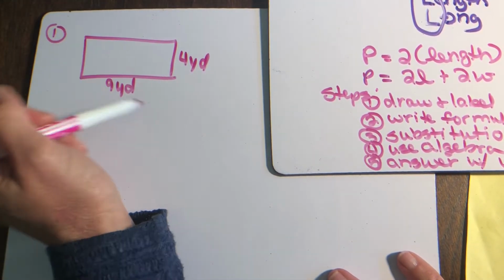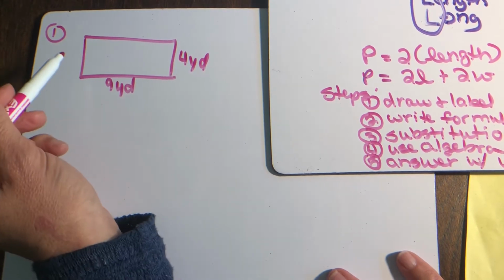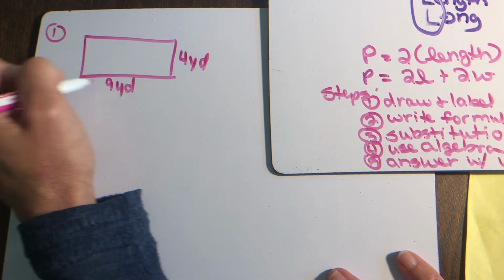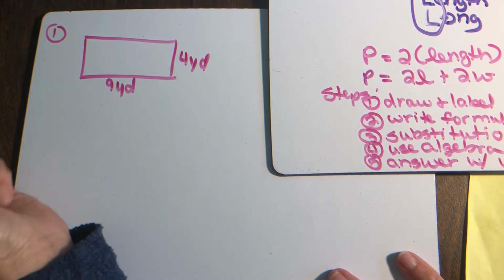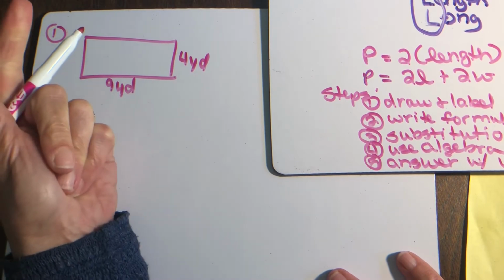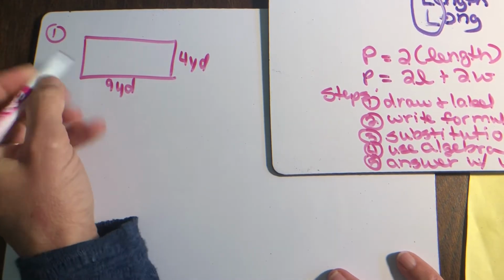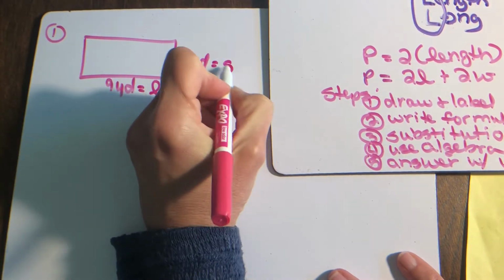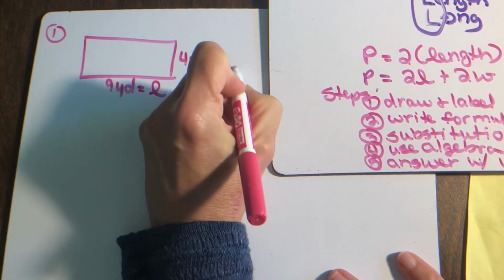Now, you have to know the shape of this to know what formula to use. That's why it's important to know your figures. You should recognize that this is a rectangle. And therefore, if it's a rectangle, you've got a length and a width. So which one is which? Well, the longer side is the length, and the shorter side is the width.